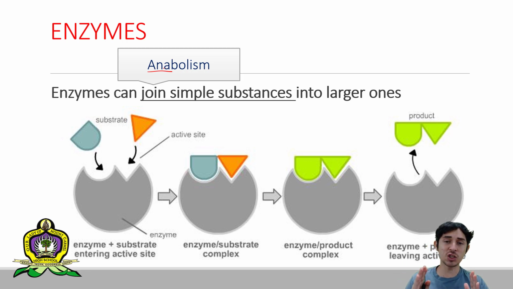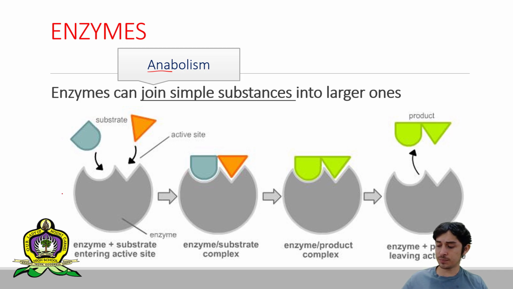It means like imagine Legos being used to build houses, used to build cars, and whatever else you can build with Legos. Small little pieces or small little substances will be brought together by the enzyme, joined by the enzyme to build larger substances. Let us look at the example here.